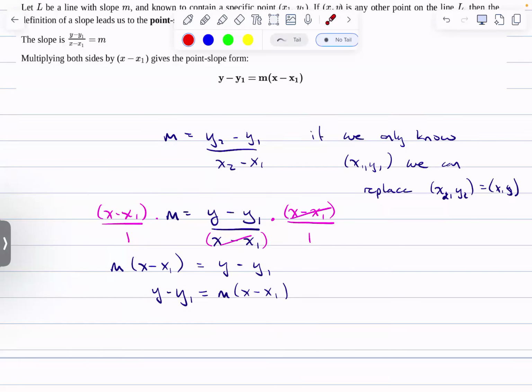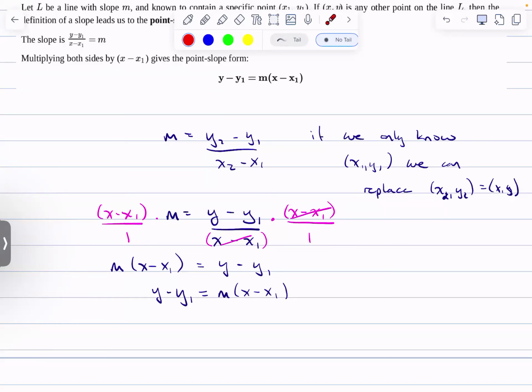How would you need to, nope, stop, full stop. I was going to rework it back to the slope intercept form. You can do that. Okay, fine. Let's do it. What's the slope intercept form? y equals mx plus b.